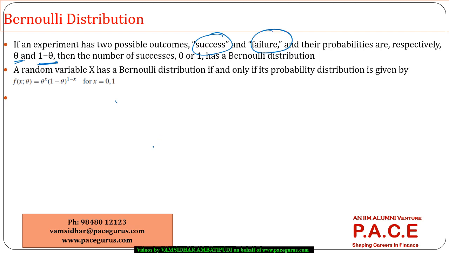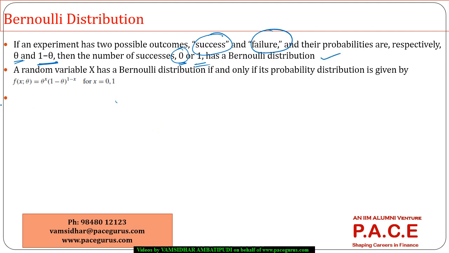If you are saying the probability of success is 60%, the probability of failure is 40%. So that is how you are classifying the probabilities of success and failure. It could be either 0 successes, which means it's a failure, or 1 success, which is a success. The number of successes, we say that it follows a Bernoulli distribution.